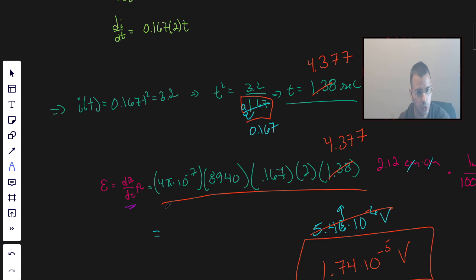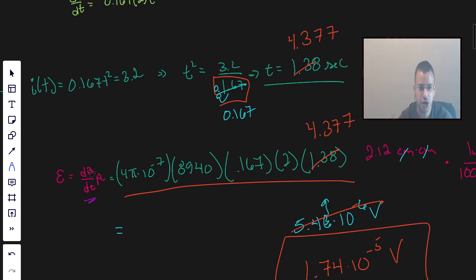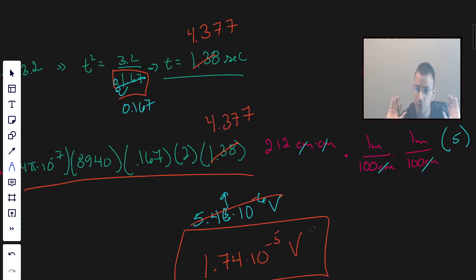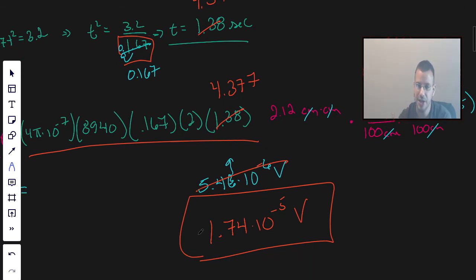And we ran with the idea of EMF in this case being the change in magnetic field with respect to time times area, where the magnetic field is related to the current through the solenoid. And we got this giant equation here. We multiplied it out, and when we multiplied it out correctly, we got an answer of 1.74 times 10 to the negative 5th volts.